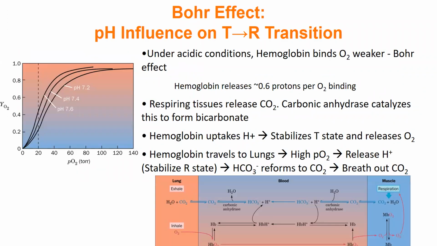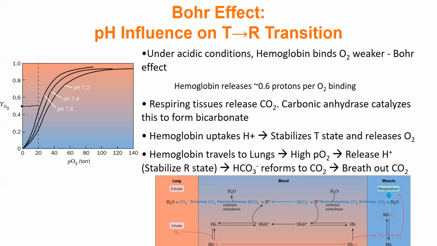Let's talk about ways that oxygen binding of hemoglobin can be changed. First, we're going to talk about the effect of pH on binding oxygen. This is called the Bohr effect. The Bohr effect is how pH changes the T to R transition in hemoglobin. From this graph, we can see that the more acidic you are, the weaker you bind to oxygen. And we can see this by looking at P50. So here's 50% bound.